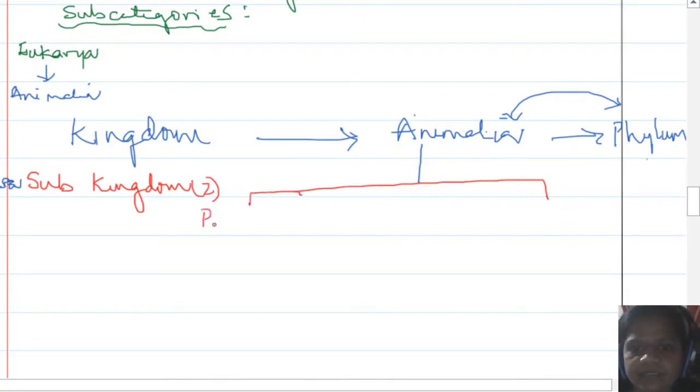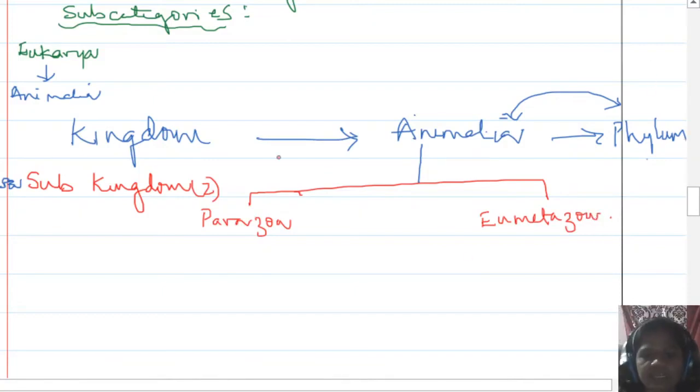Now kingdom Animalia has 2 subkingdoms. What are they? Let's see. One is Parazoa, the other is Eumetazoa. Now we do the classification based on certain characteristic features, right? So this is the first level, and the tissues haven't formed yet.